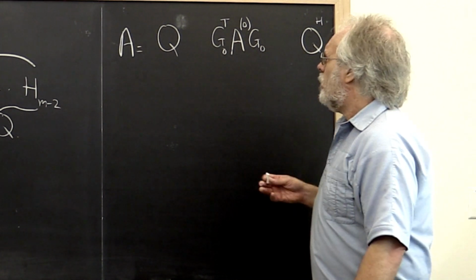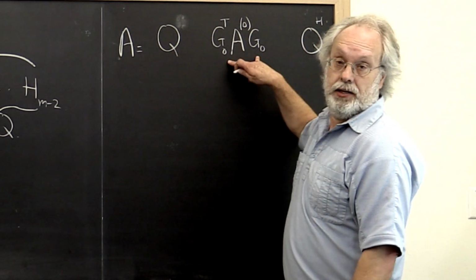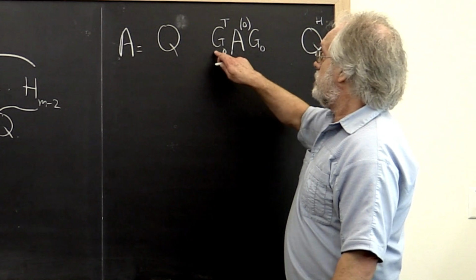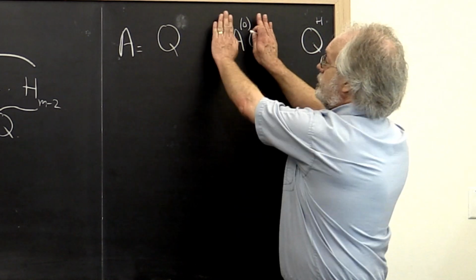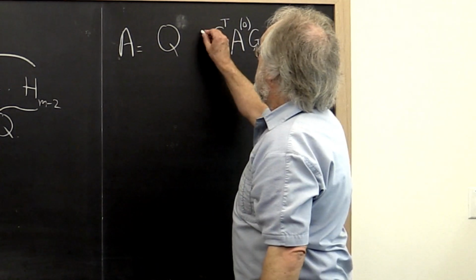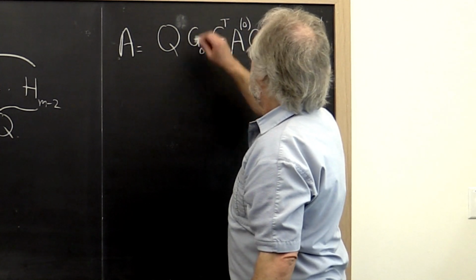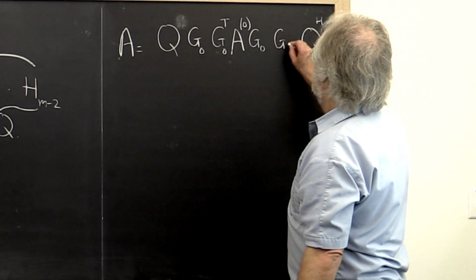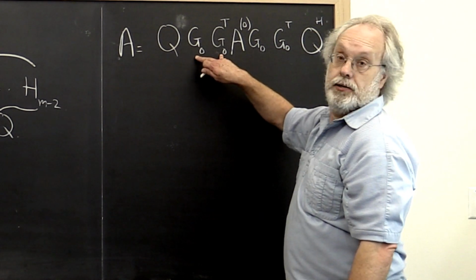Now, to maintain this equality, we can't just put these two matrices in here, because now we have changed things. But what we can do is we can also plop in G0 here and G0 transpose here, because then this becomes the identity.